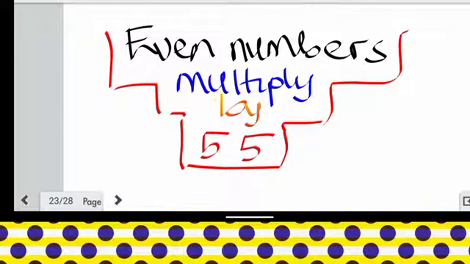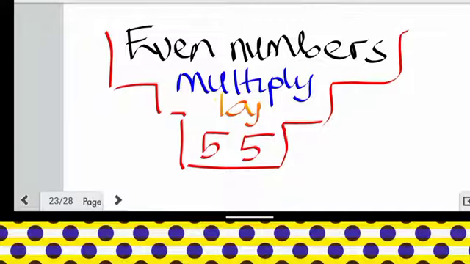That is what we discussed in the previous lesson. So now, today I decided to make this for the kids so that they can enjoy it with their Salah celebration. So now, even numbers multiplied by 55.